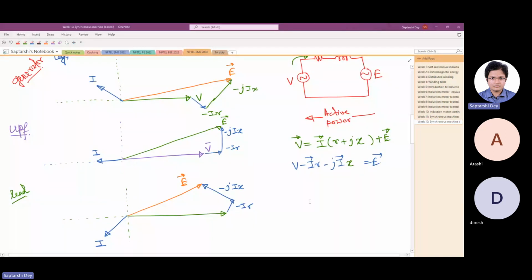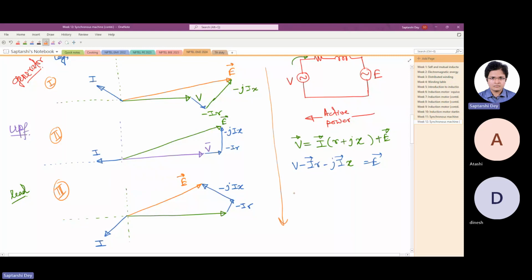Now look at these three diagrams. Clearly, if you move from diagram 1 to diagram 2 to diagram 3, E is reducing from top to bottom.